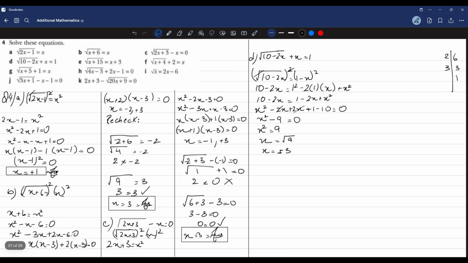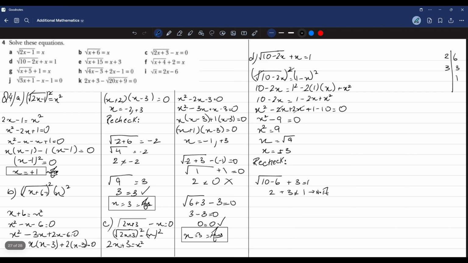And it's really essential to write that, because if I were to recheck my values, if I were to recheck positive 3, I would have under root of 10 minus 6, because 2 times 3 is 6, plus 3 is equal to 1. So 10 minus 6 is 4, under root 4 is equal to 2, and 2 plus 3 is not at all equal to 1. So this value is not applicable.